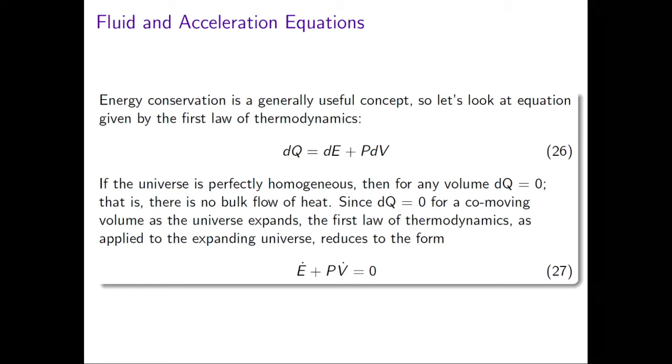The change in heat in the universe at such larger scales, above 100 megaparsecs, will be equal to 0 for a co-moving volume, as the coordinates are co-moving and only depend on time, not moving by themselves. So as the universe expands, the first law of thermodynamics reduces to E dot plus P V dot equals 0. That is the derivative of internal energy plus pressure times the derivative of volume.